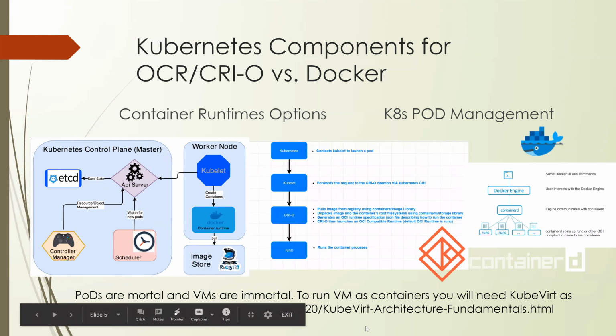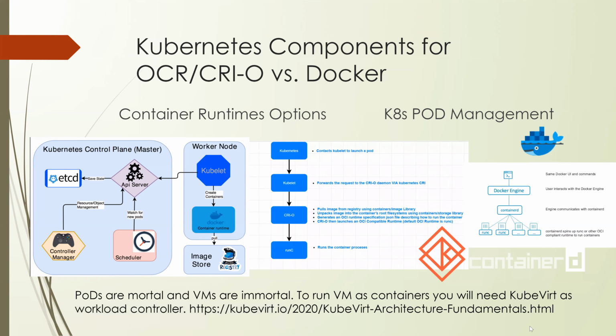So there is also another thing to note called KubeVirt, and KubeVirt is important because it allows a VM to be run as a container. But KubeVirt requires that if you have a container, you must be capable of nested containerization.